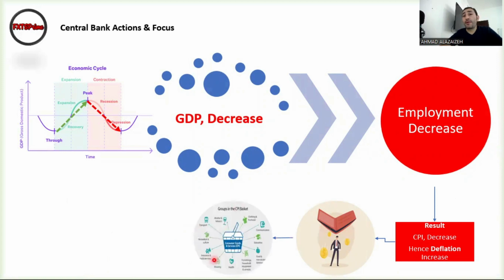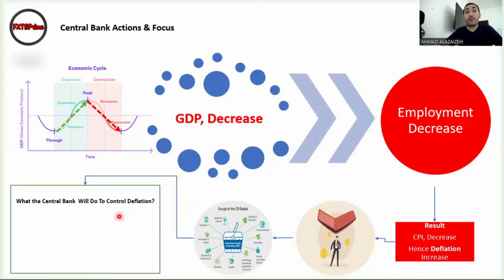Then the prices for goods and services will go down because of less spending. Then to control the deflation, what will the central bank do? It is going to increase the money supply in the market, and it is going to decrease the interest rate.